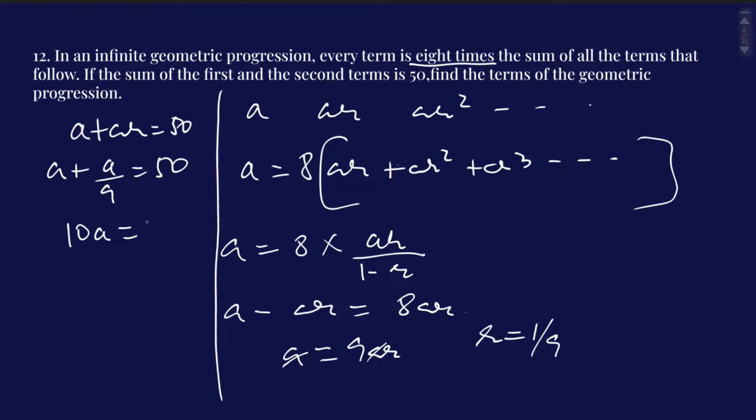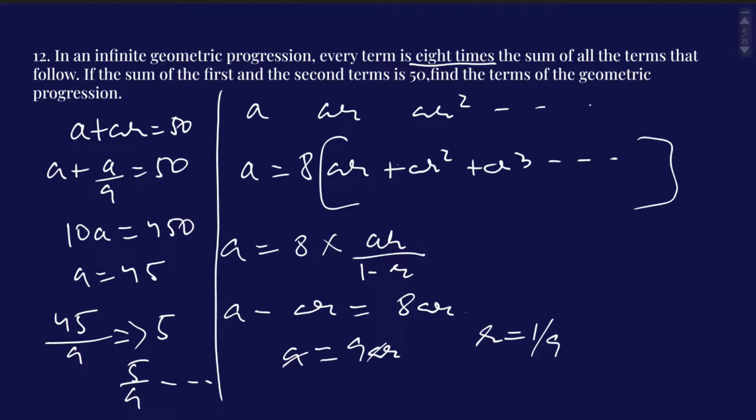That is 9 into 50, 450. So a is going to be nothing but 45, and that is our answer. And second term will become 45 by 9 equals 5. Third term is going to be 5 by 9, and the series will go on like this.